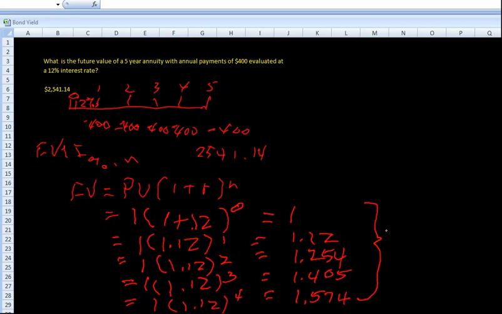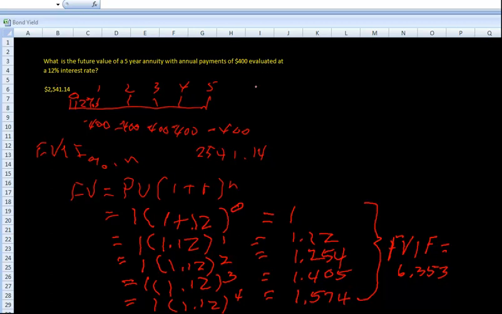So our future value interest factor equals 6.353.